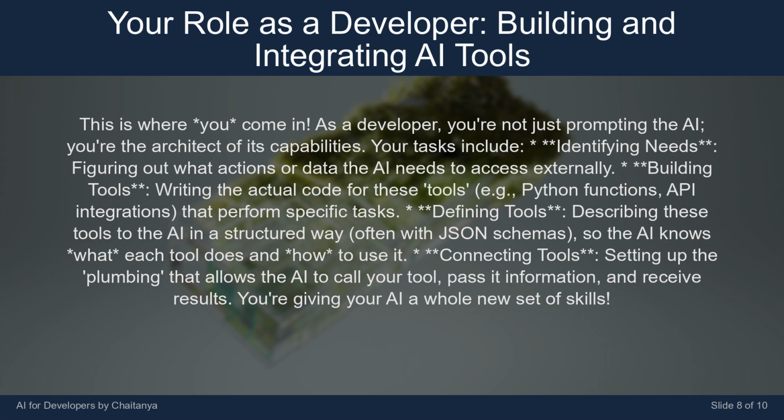Defining tools. Describing these tools to the AI in a structured way, often with JSON schemas, so the AI knows what each tool does and how to use it. Connecting tools. Setting up the plumbing that allows the AI to call your tool, pass it information, and receive results. You're giving your AI a whole new set of skills.